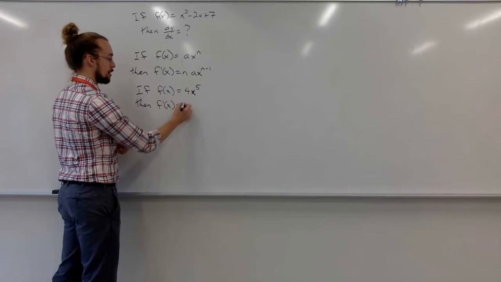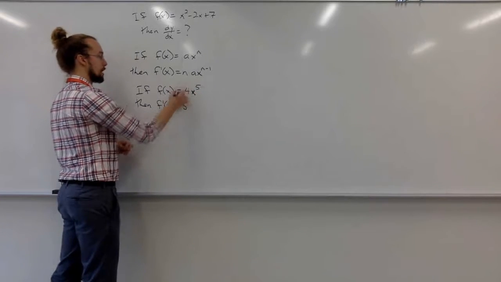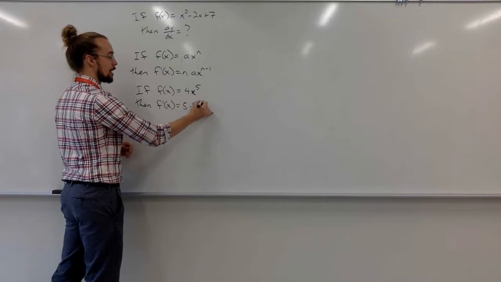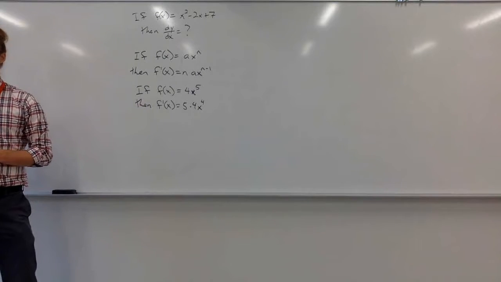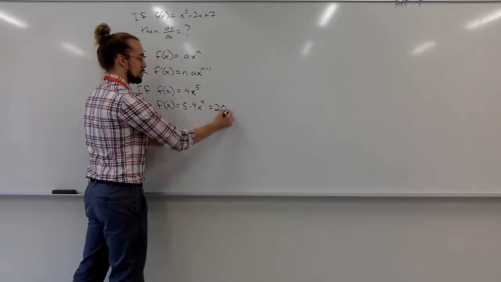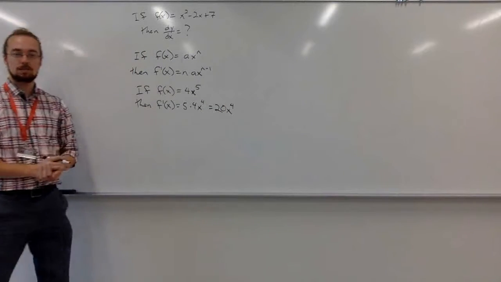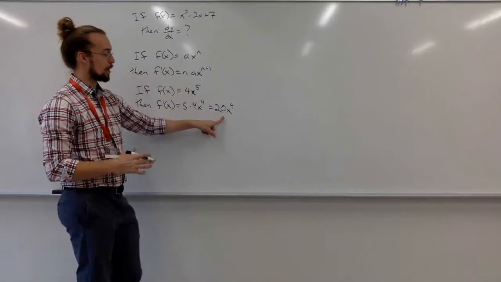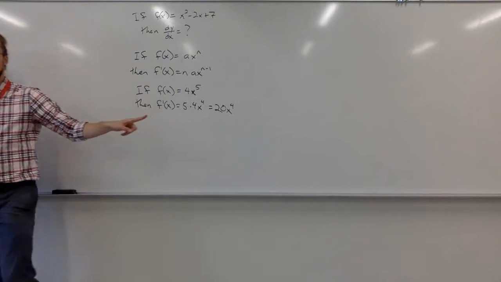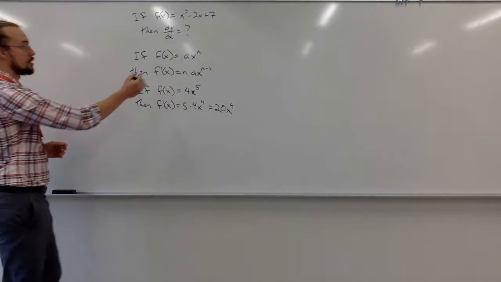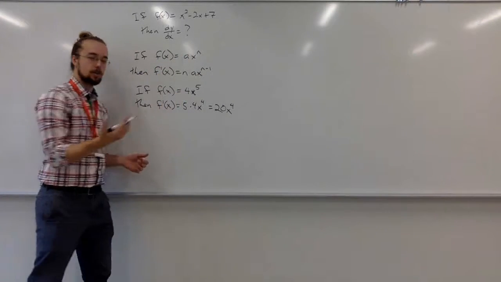But I'll go ahead and write it as 5 times 4x, and then I subtract 1 from the exponent. Then I can multiply those together to get 20x to the 4th power. So the derivative of 4x to the 5th power is 20x to the 4th power. We just bring the exponent down and subtract 1 from the exponent.